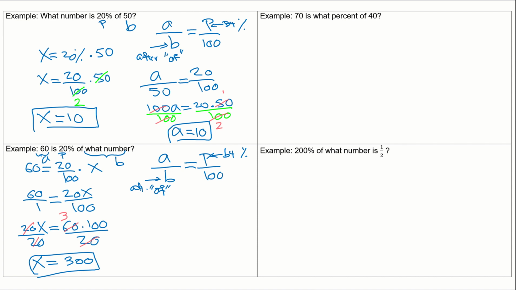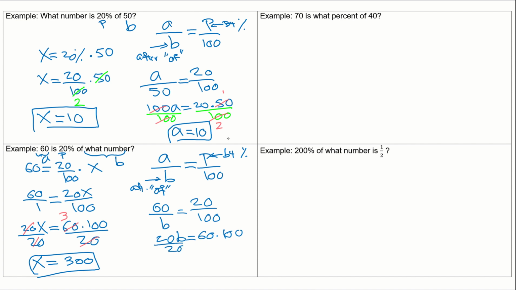All right, so now we go 60 over B is equal to 20 over 100. Again, we will cross multiply, so we get 20b is equal to 60 times 100.